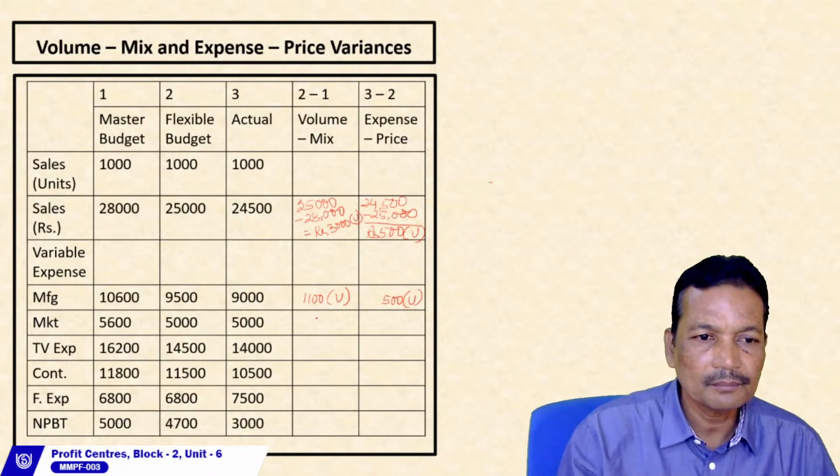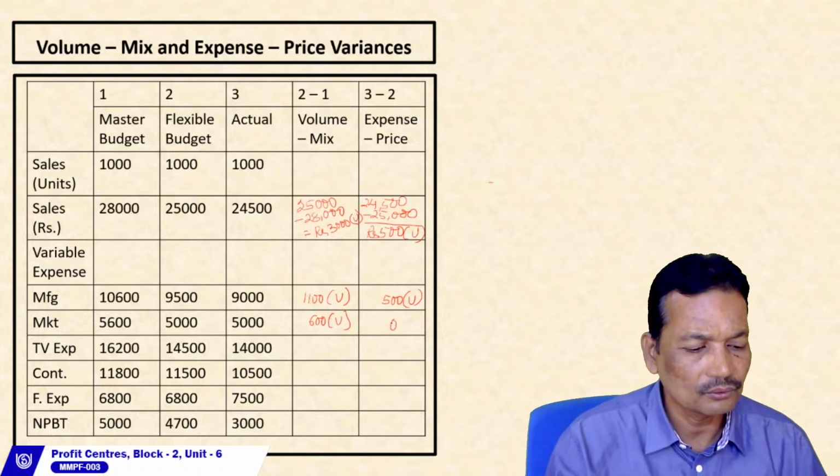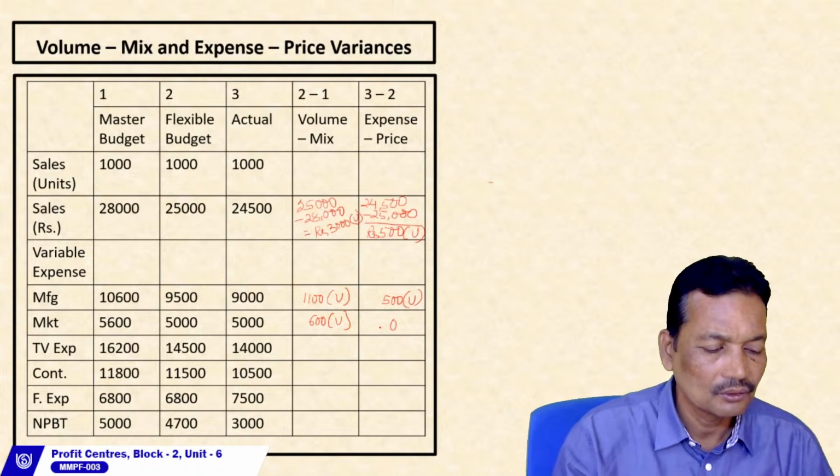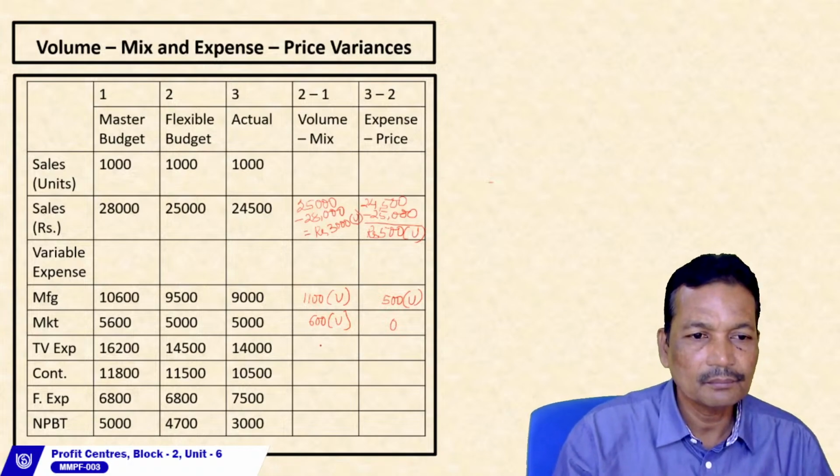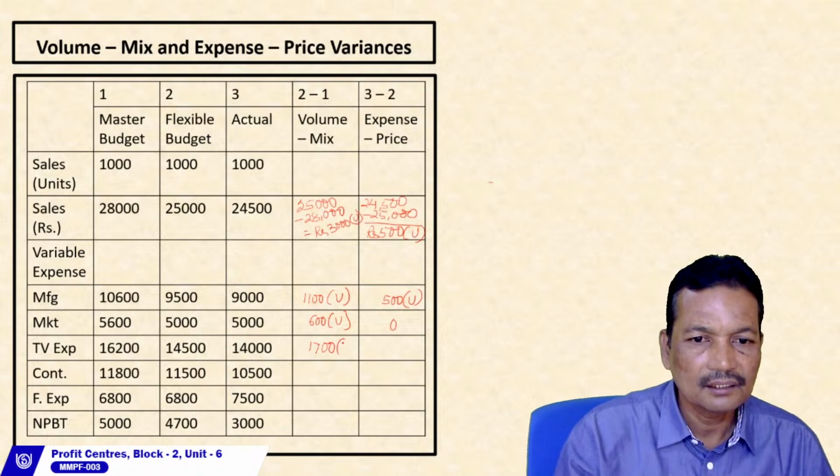Now here we have 600 unfavorable, here we have 0, here we have 1,700 unfavorable. If you add these two also, this gives you 1,700. This is 500 unfavorable.